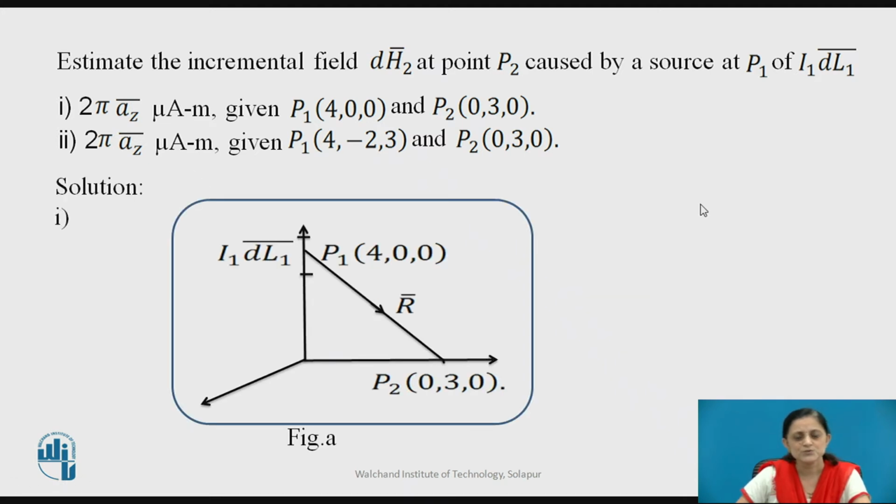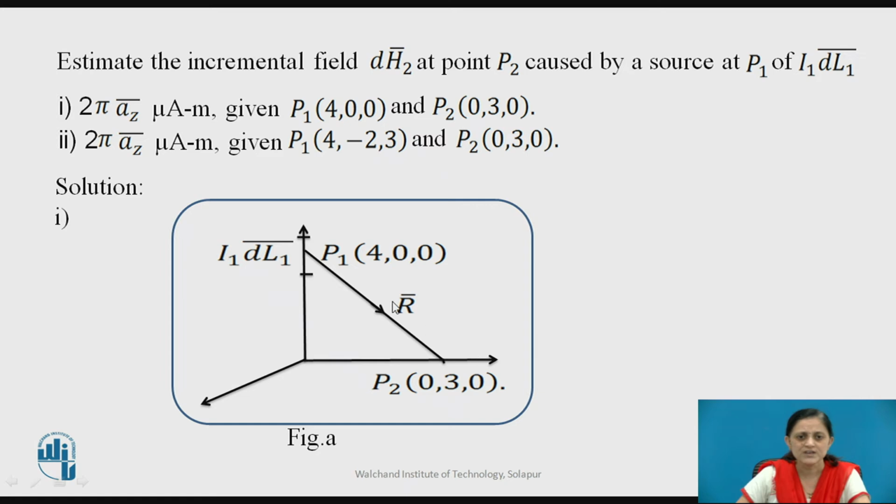Let us check the solution for it. Before starting any problem, try to draw the diagram according to the given sentences. Here two points are given. Let us check the first case. Point P1 is (4, 0, 0), whereas P2 is (0, 3, 0). Suppose P1 is at this point, that is (4, 0, 0), whereas P2 is at (0, 3, 0).